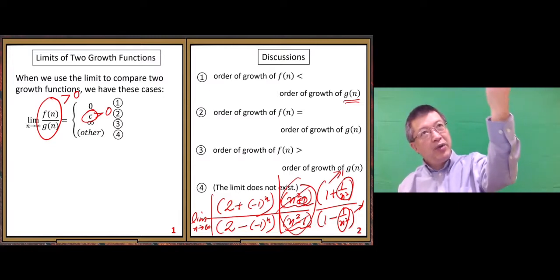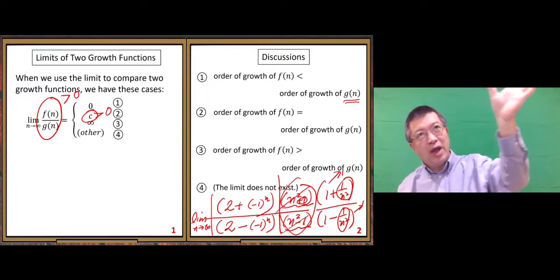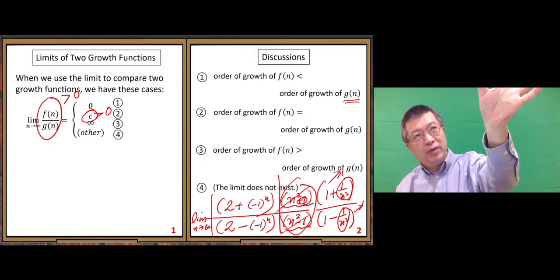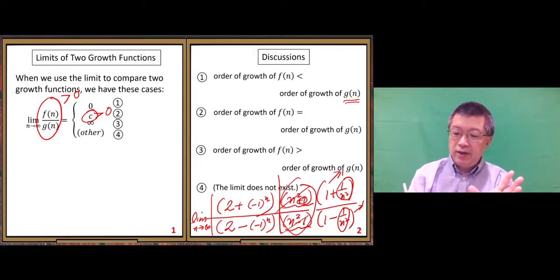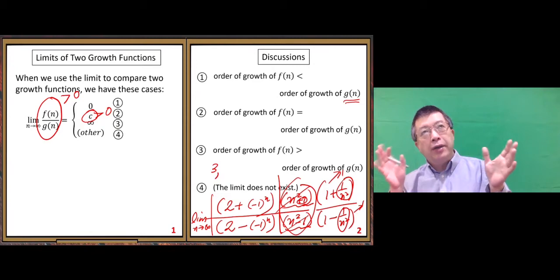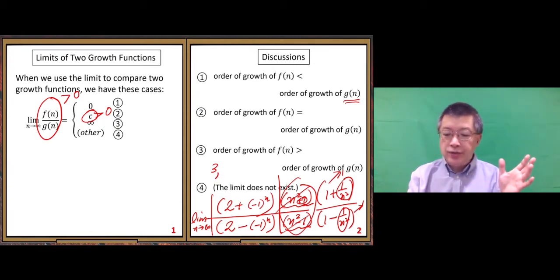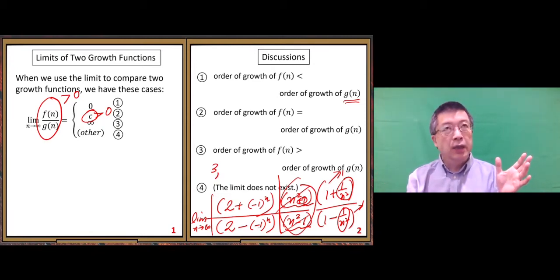Look at when n equals even, what is the ratio? When n is even, it is 2 plus 1 over 2 minus 1, which is 3, right? When n equals odd, it is 2 minus 1 over 2 plus 1, which is 1/3.